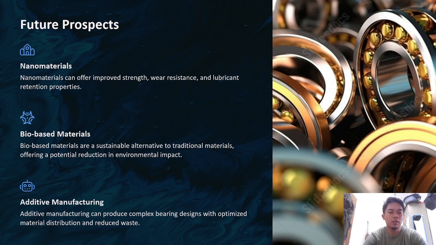Bio-based materials, sustainable alternative to traditional material, offering a potential reduction in environmental impact. Additive manufacturing can produce complex bearing designs with optimized material distribution and reduce waste. So ayun.